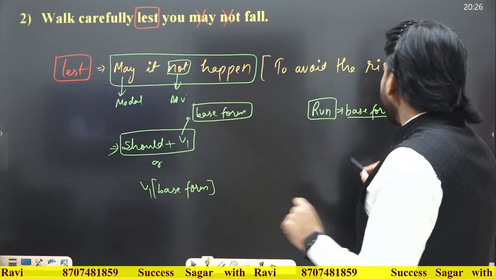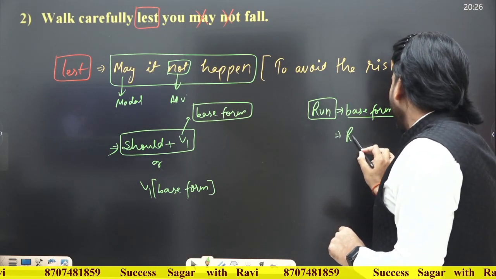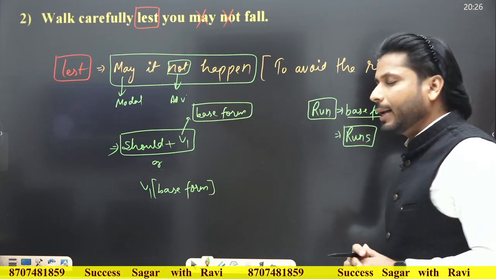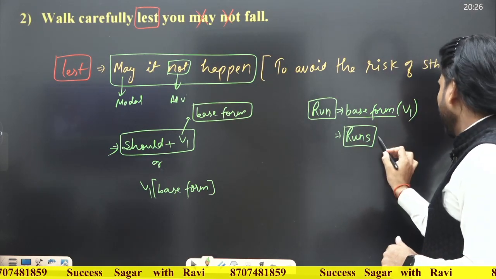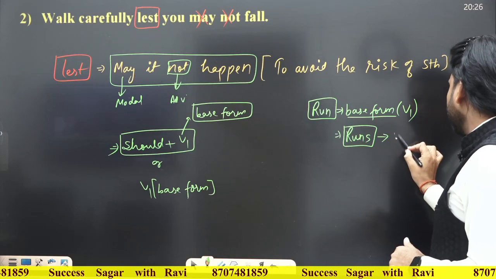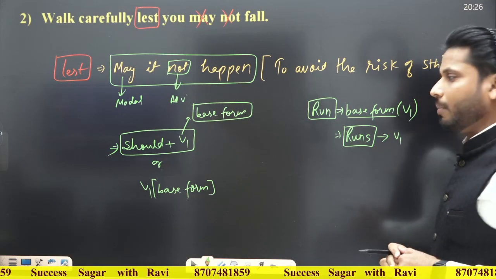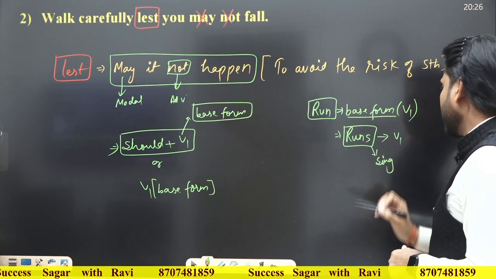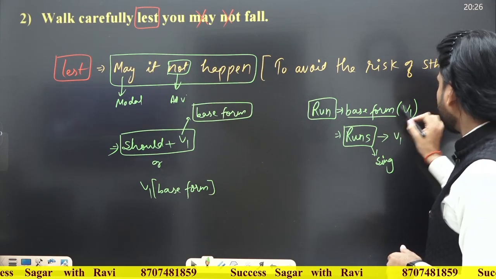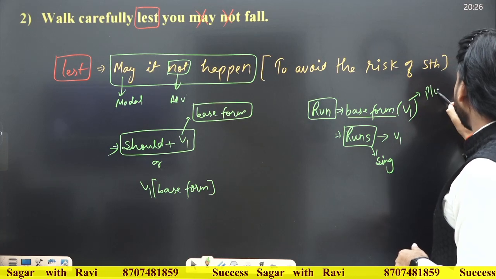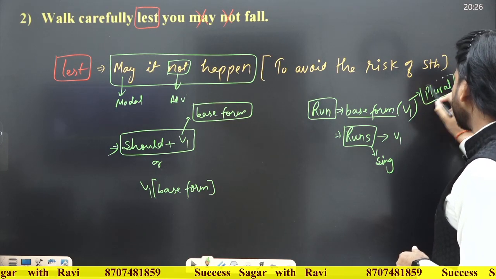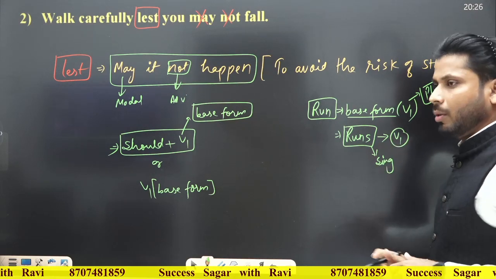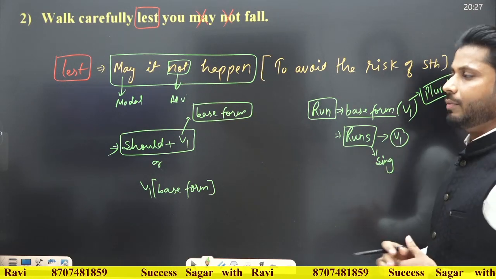And if you use s or es at its end, it is still the first form of the verb, but not the base form. Now it becomes the singular form of the given verb. The base form is considered the plural form of the verb, whereas the s or es form is considered the singular form of the verb.